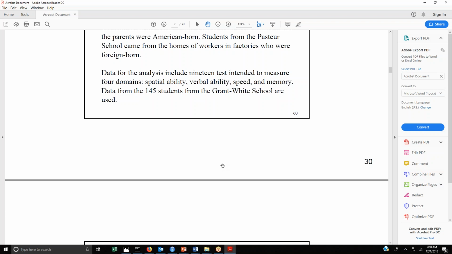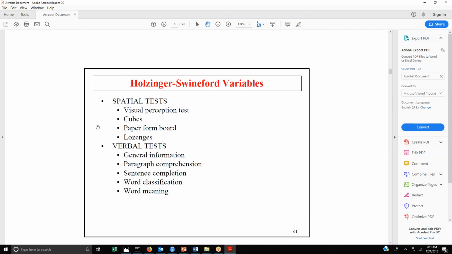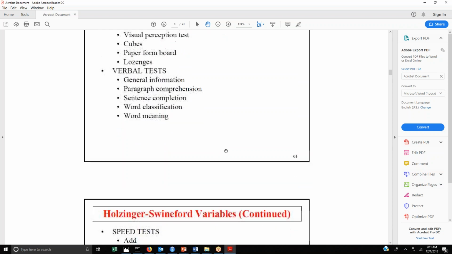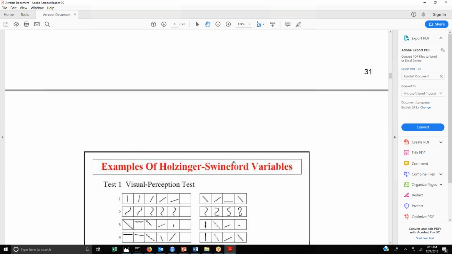The 19 tests were developed with an intention to measure these 4 abilities. They think these 19 tests will help measure those things. These are the types of tests. Spatial tests are visual perception tests, cubes, paper form board, lozenges, whatever that I'm going to explain to you.